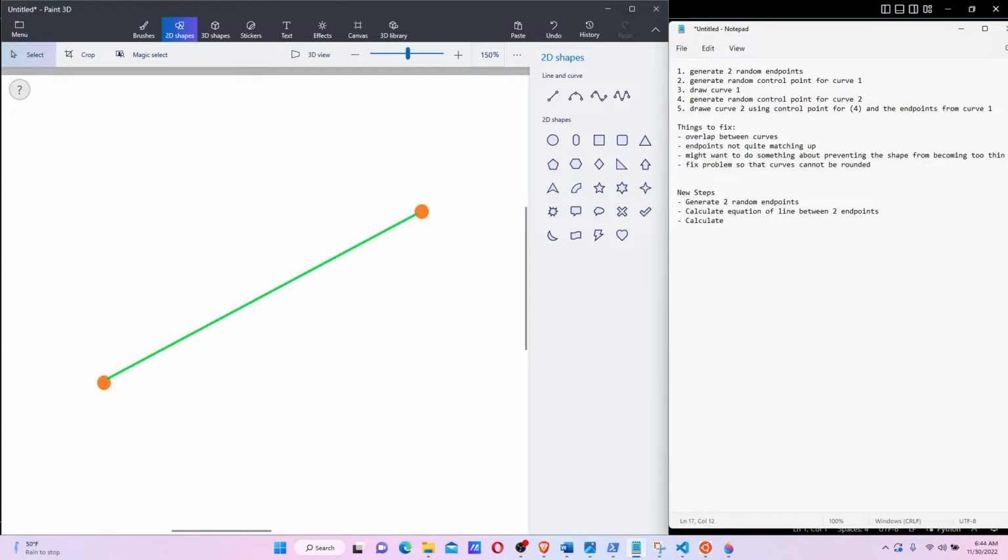Calculate curve 1 bounding box. Calculate curve 1 control point bounding box. And so that's calculating the bounding box for the first control point.